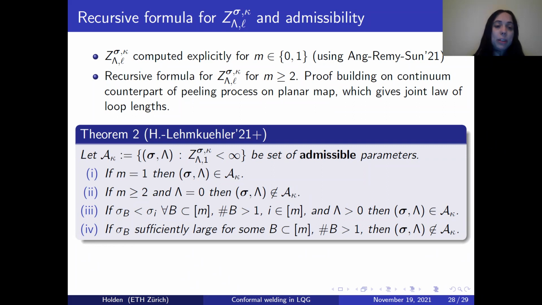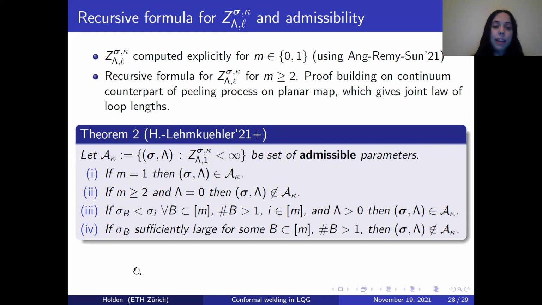If m is greater than or equal to 2 and lambda is equal to 0, then we never have admissibility. So the partition function is always infinite. On the contrary, if lambda is positive and sigma sub b is strictly less than sigma sub I for all subsets of points b with strictly more than 1 point, then we always have admissibility.